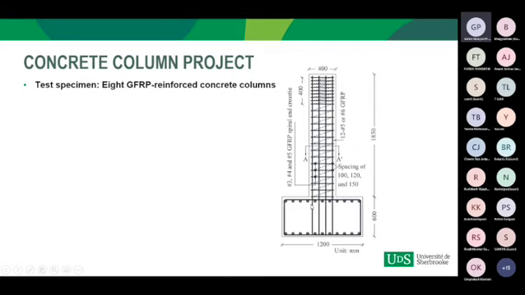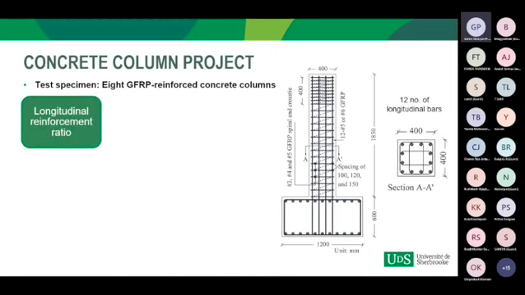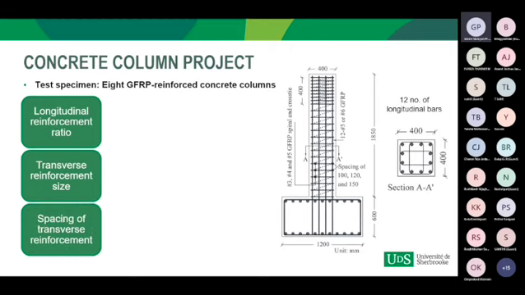A total of 8 reinforced concrete columns, solely reinforced with glass fiber reinforced polymer bars, were cast, and each column was reinforced with 12 longitudinal bars. The study parameters were the longitudinal reinforcement ratio, transverse reinforcement size, and the spacing of the transverse reinforcement.